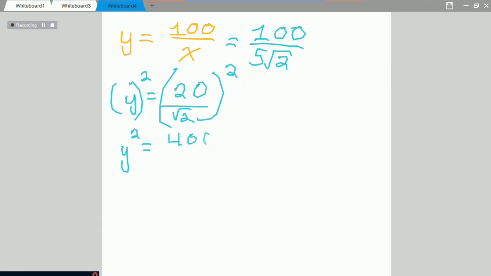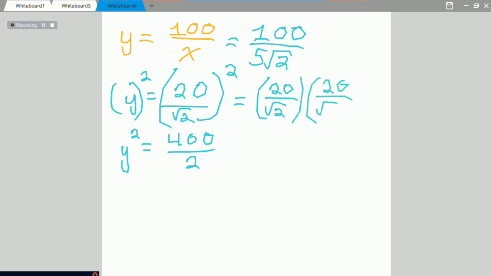So it's 400 over 2, because if this was the square root, remember that you'll take a 20, you go radical 2, going to be 20 radical 2, and you just multiply across. It's just simple multiplication. And this would be equal to 400 over 2, which is equal to 200. And remember, that's y squared, so y squared is equal to 200, because we have to square both sides.